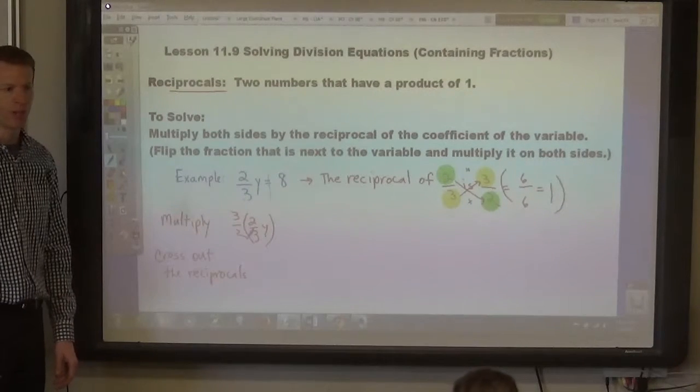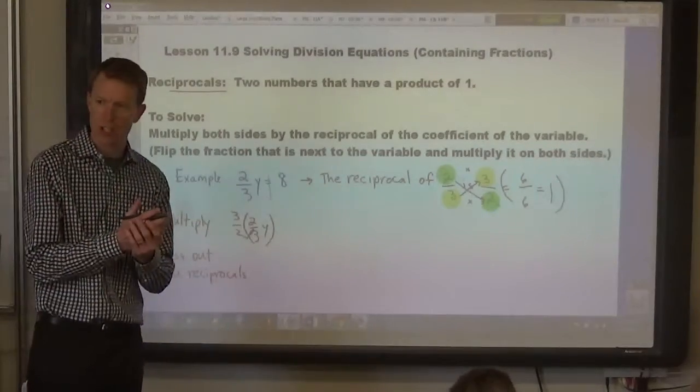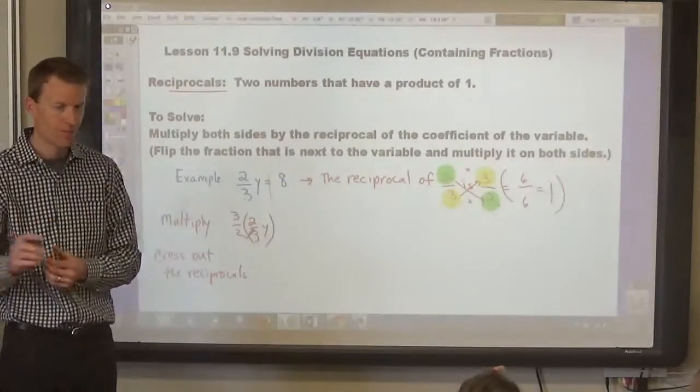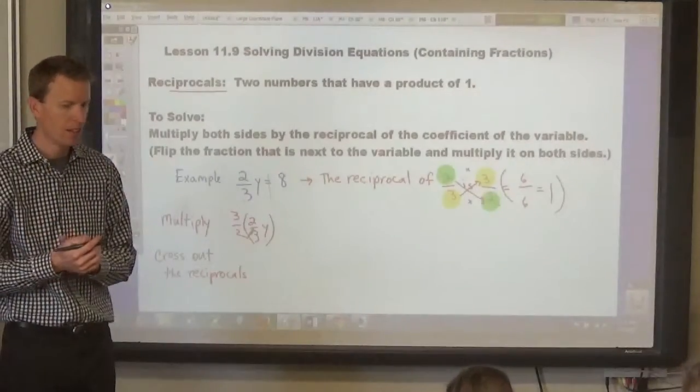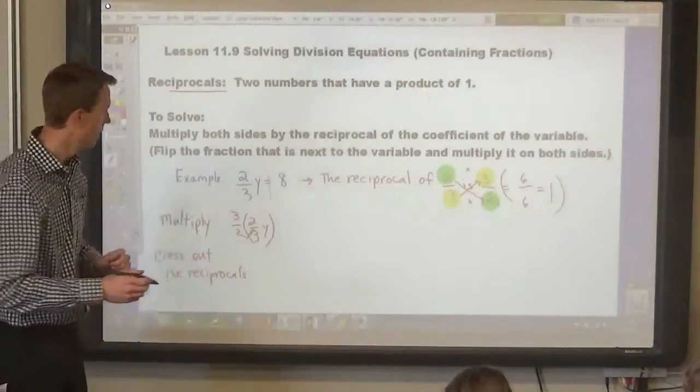And then what can we do? If we have reciprocals multiplied by each other, we can just X them out, cross them out. Because they equal 1. Right?